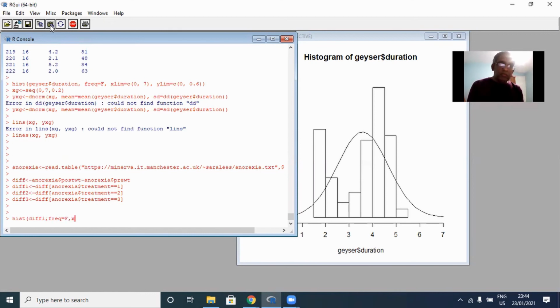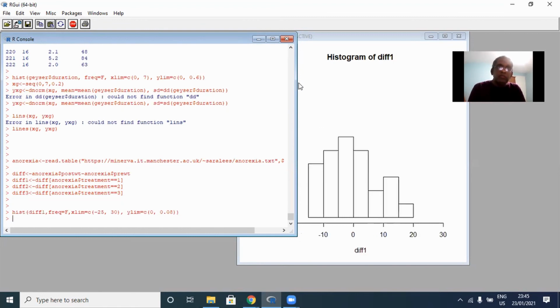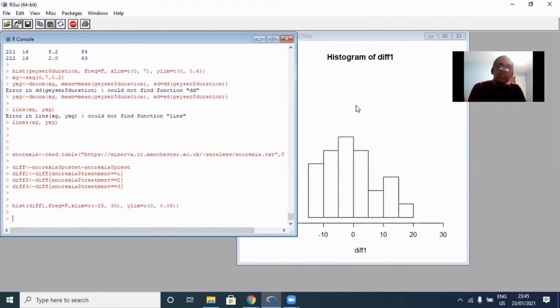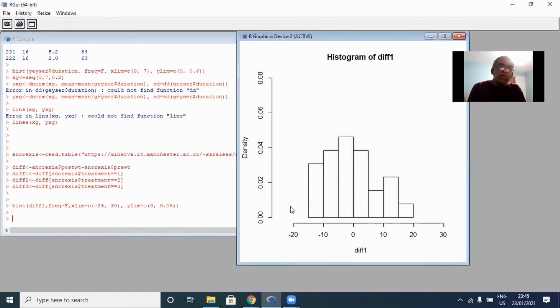Let's take the limits of the x-axis from minus 25 to 30. And let's take the limits for the y-axis to range from 0 to 0.08. Okay, so this is the histogram of the differences in weight for treatment 1, right?